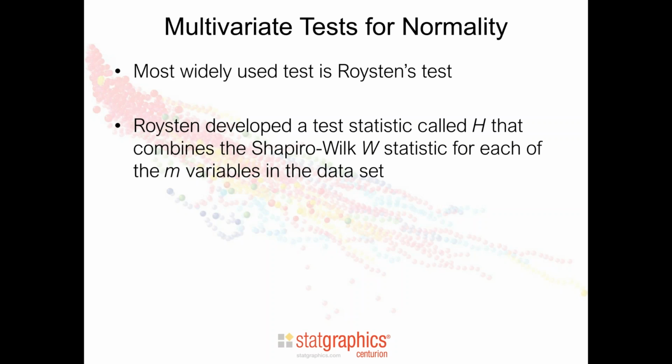Now, the most widely used test to test for multivariate normality is something called Royston's test. Royston developed a test statistic which he called H that combines the Shapiro-Wilk W statistic for each of the m variables in the data set.